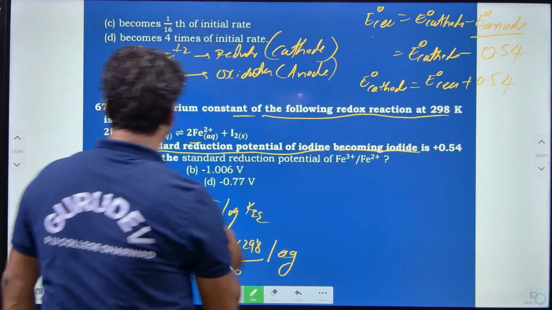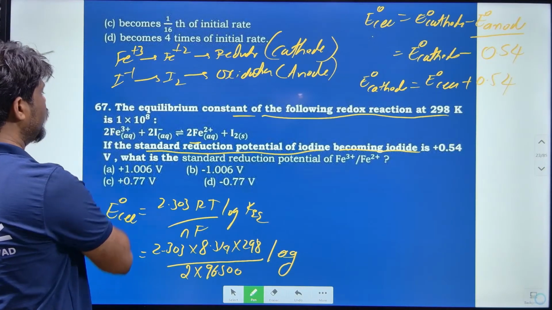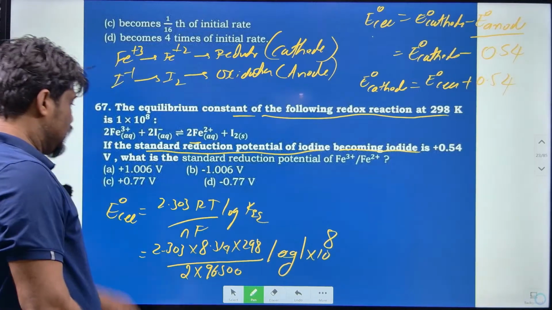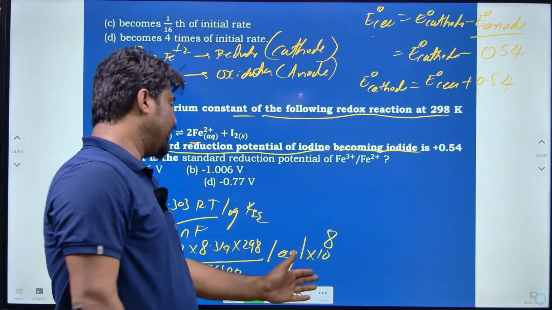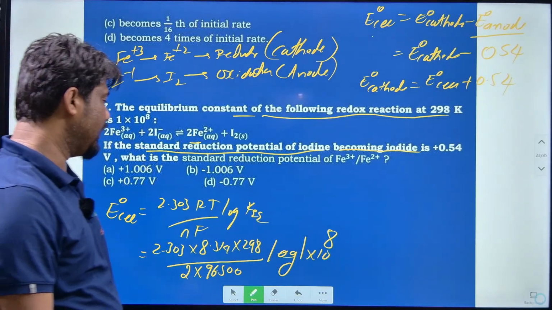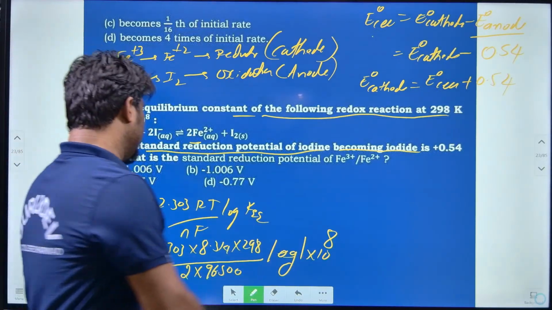That is log of how much here? 1 into 10 to the power of 8. So log of 1 into 10 to the power of 8 is 8.